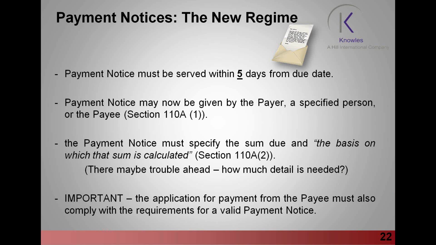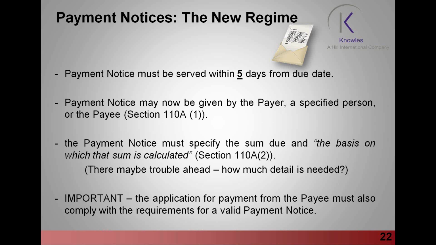Starting off with the first bullet point. Under the Construction Act 2009, the new piece of legislation, it states there the payment notice must be served within 5 days from the due date. Just think about that for a minute. What does 5 days, first of all, actually mean?